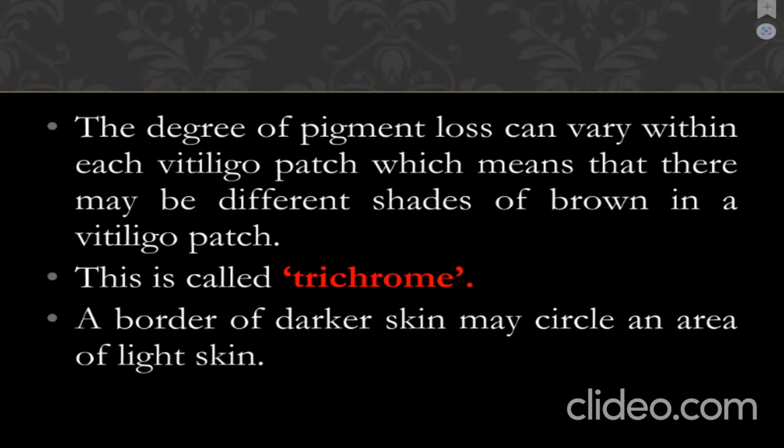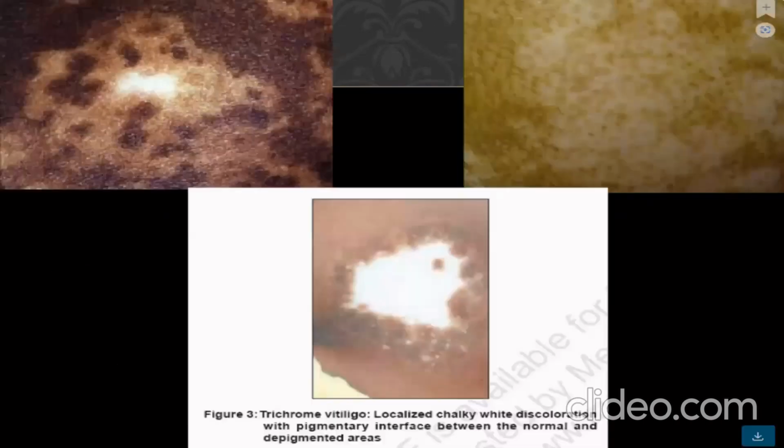The degree of pigment loss can vary within each vitiligo patch, which means that there may be different shades of brown color in the vitiligo patch. And this is called trichrome. A border of the darker skin may circle an area of light skin.